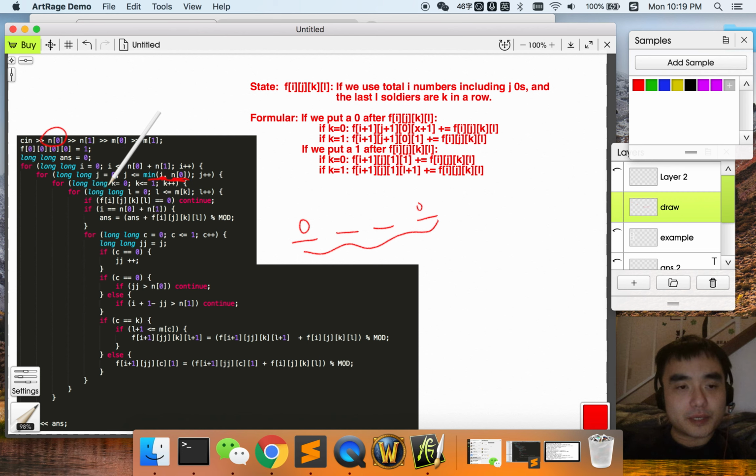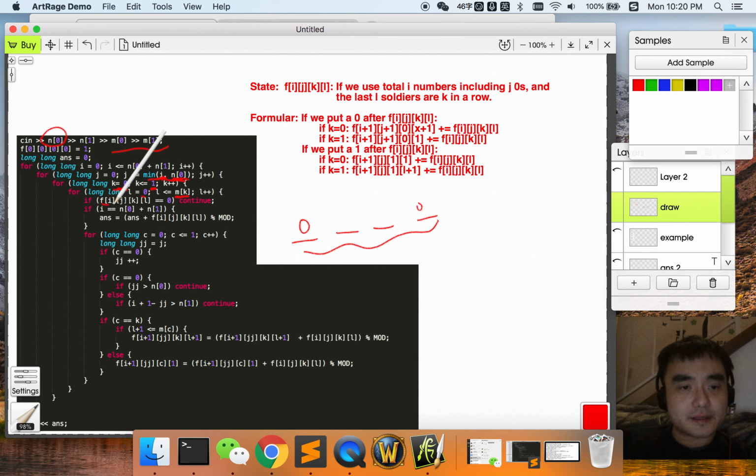And we need to use both 0 and 1s here, right? And the L is from 0 to mk, right? Because the number of consecutive same numbers cannot exceed mk, right? We are going to use k here, so it cannot exceed mk, right?